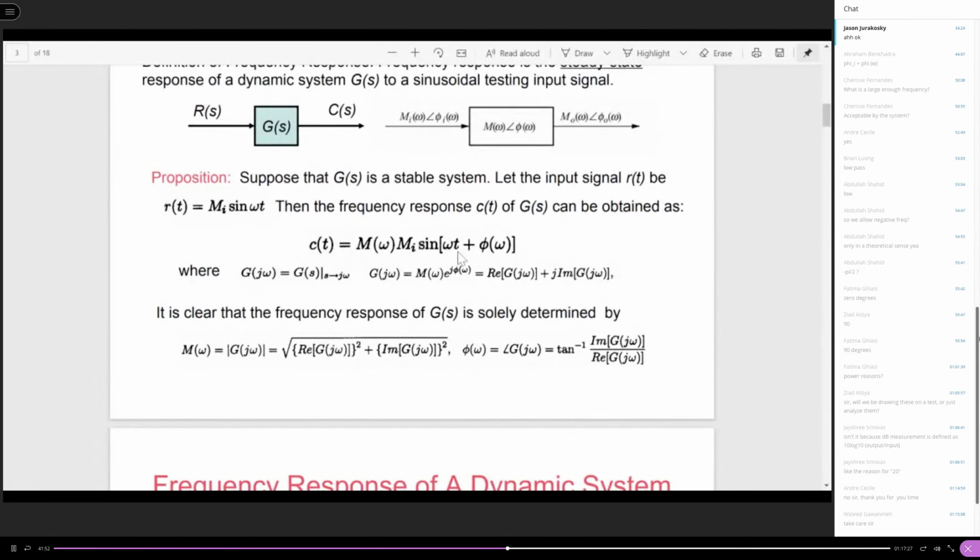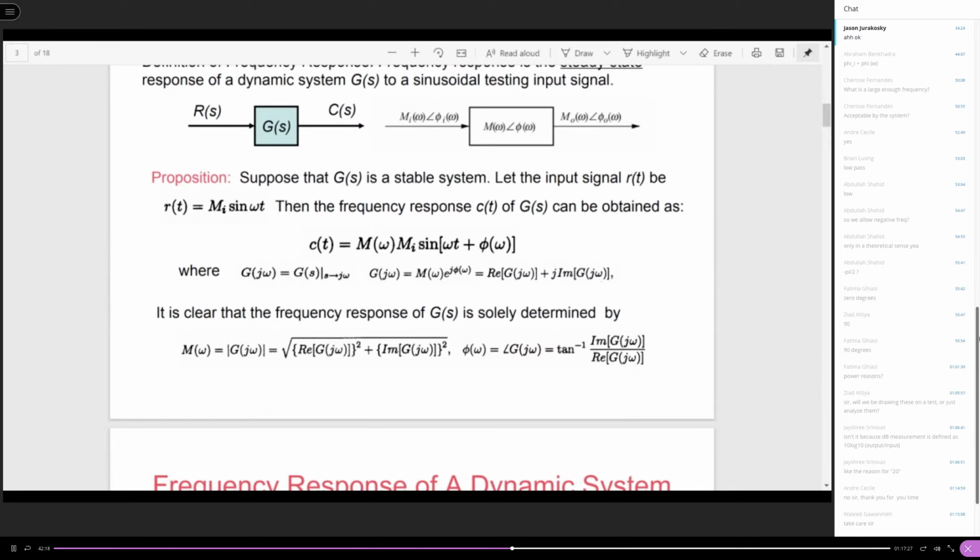You can see omega t plus phi o of omega. Because we set the input signal's initial phase to 0, phi o is simply equal to phi of omega. The relation is straightforward.